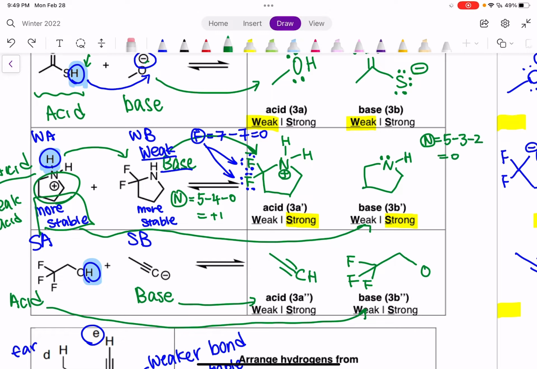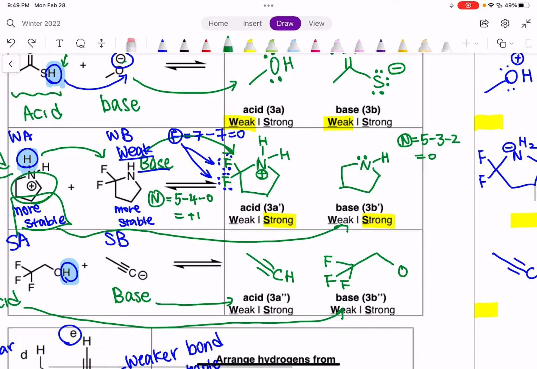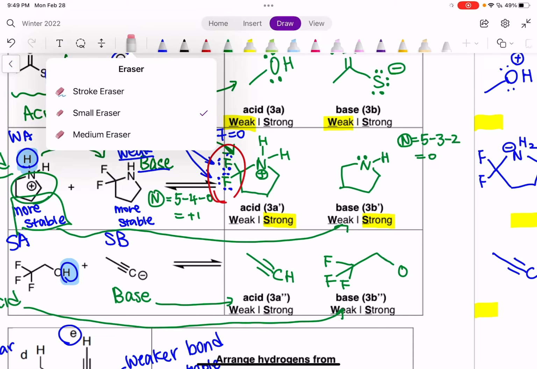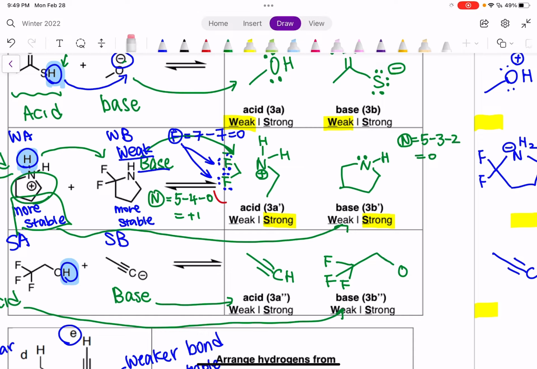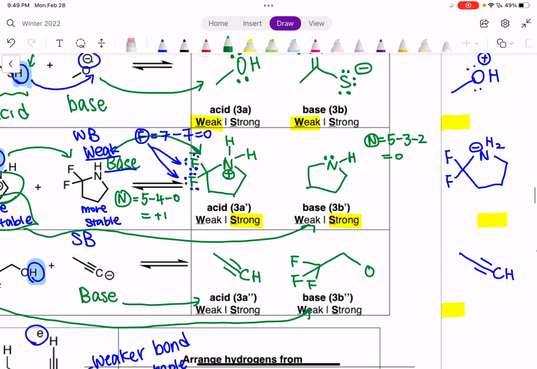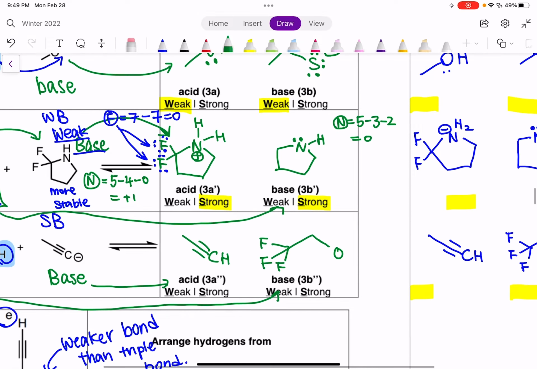And for fluorine, we just calculated it right here. If it's the terminal fluorine, it's mostly a complete octet. So we just need to check the oxygen right here to see whether there's an octet or not.